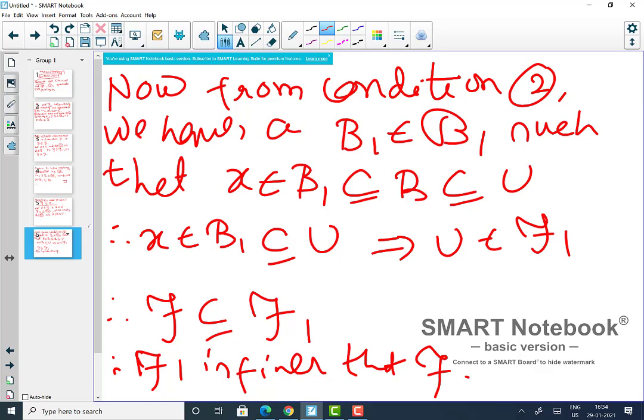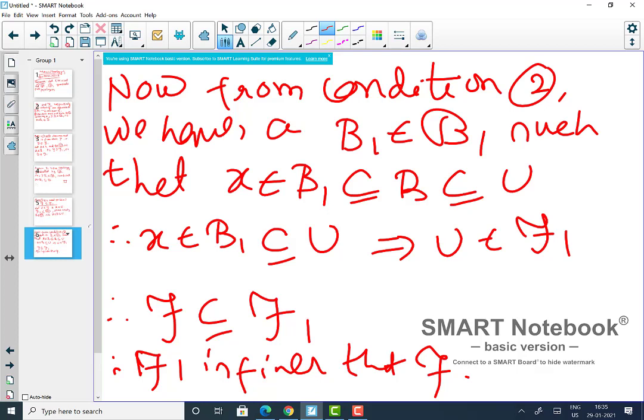So this is a simple proof that tells you that whenever you want to compare two topologies, it is enough to check on the basis. Sometimes bases are easy to understand and easy to formulate. So you check whether for a point and a basis element containing it, you always have another basis element inside that or not, and vice versa.